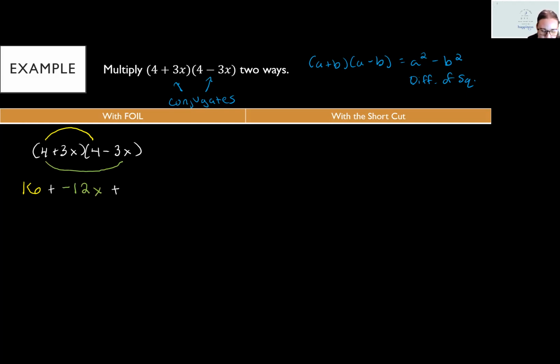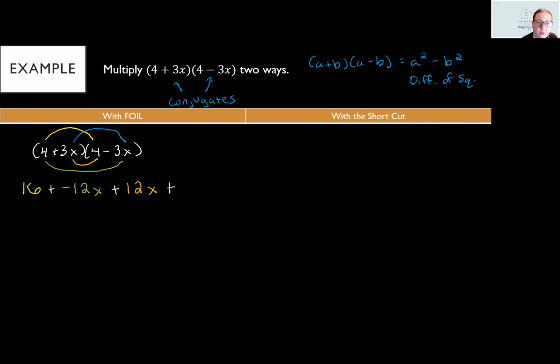And I separate each of these with plus signs. Then we are going to have the I, which is the inside. So that's this 3x times 4. So you're going to do 3 times 4, which is 12, and then you have your x. And then your last terms, which is the 3x times the negative 3x.